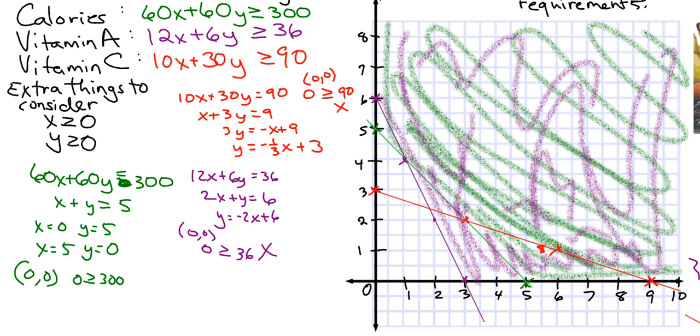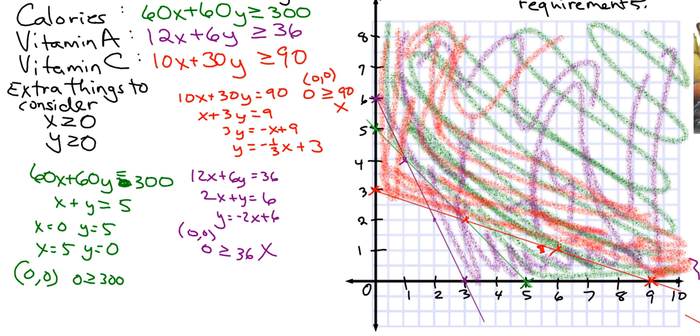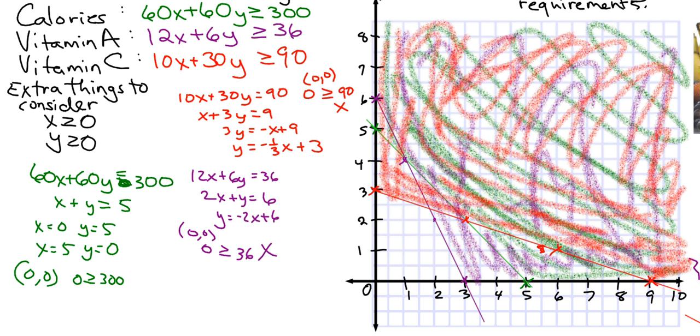So I am going to shade above for this one. And so there's that line. And I'm staying above the y-axis and above the x-axis. So for this one, notice that my region is kind of an undefined region. It's going up and out to the top and right of that.